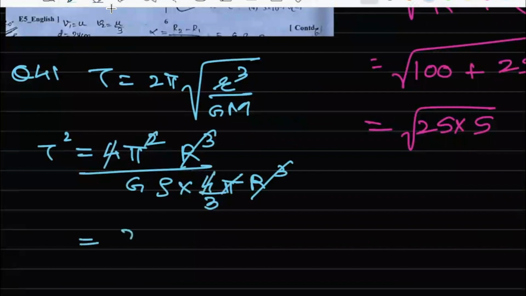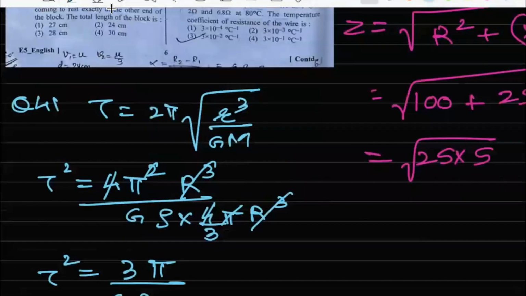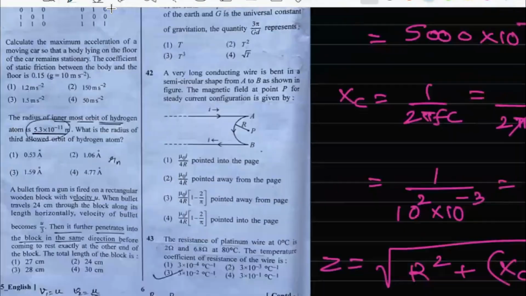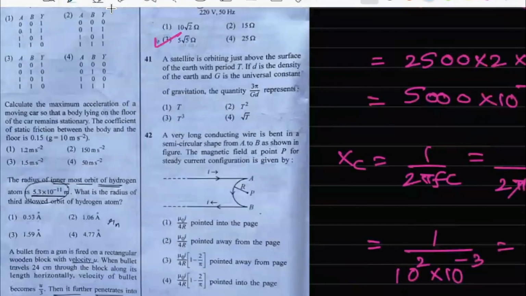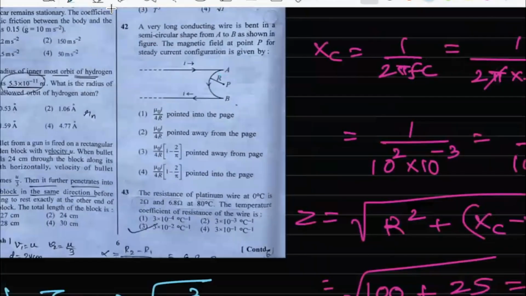So I have 3 in the numerator, pi in the numerator, nothing else in the numerator. I have G, rho, and that's it in the denominator. So what did they want? 3 pi over GD. I mean, not rho, their density is D, GD. So 3 pi upon GD is T square. Silly one. Okay, 42.